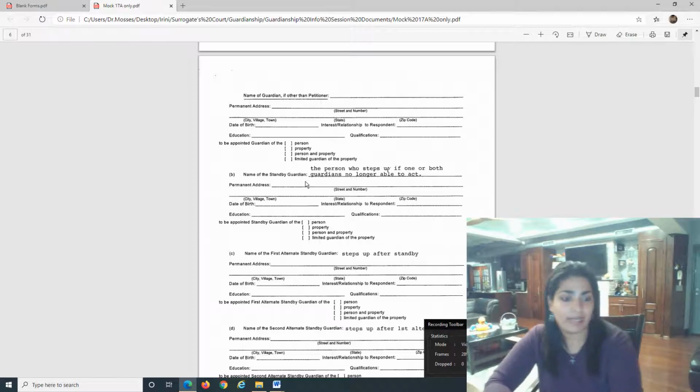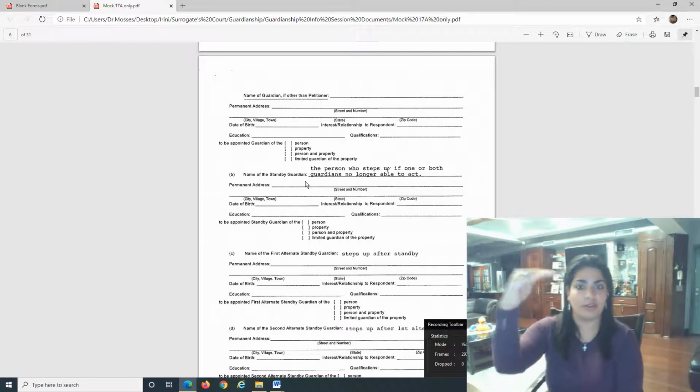The standby has 180 days to confirm his or her appointment as standby in order for it to be effective. They can act within the 180 days, but then they still have to be confirmed. Separate application, but a lot less intrusive than this. But this allows you a pecking order.